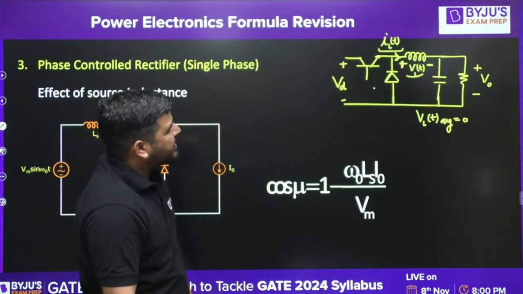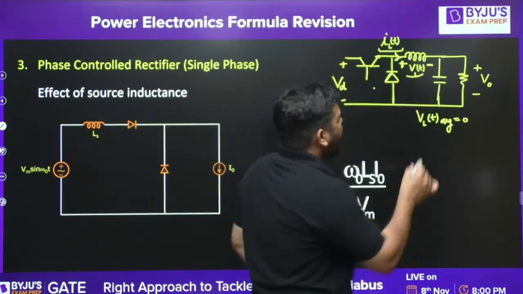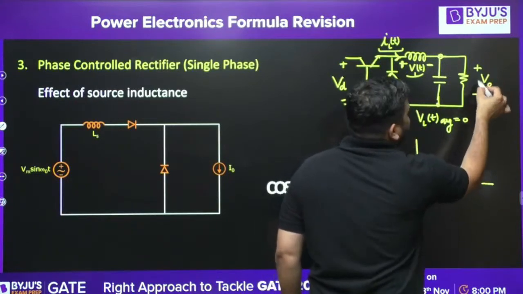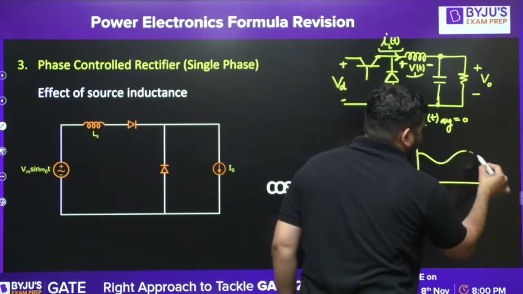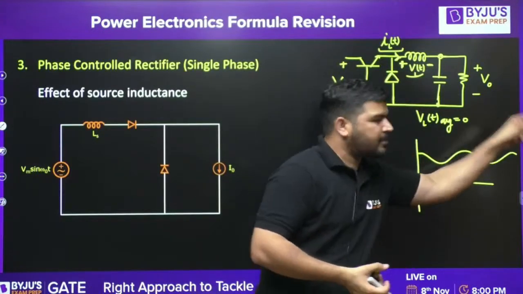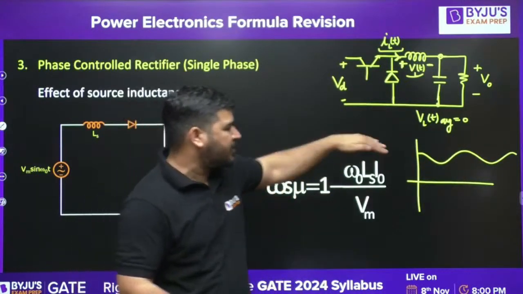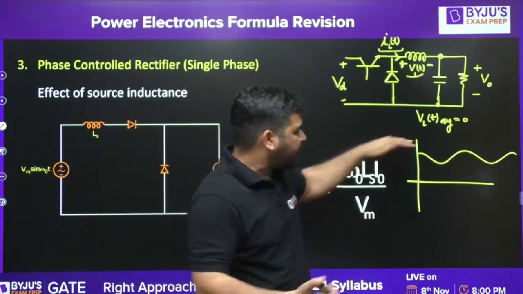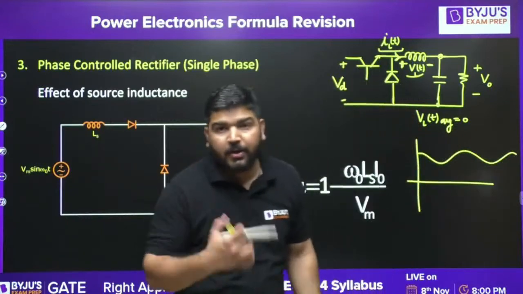Now, look at this situation. Here, the output voltage is like this. This is the average value of the output voltage, but actually the output voltage is fluctuating. Actually, output voltage has ripples. This is my output voltage, which is changing with time. It is fluctuating like this, but it is periodic.